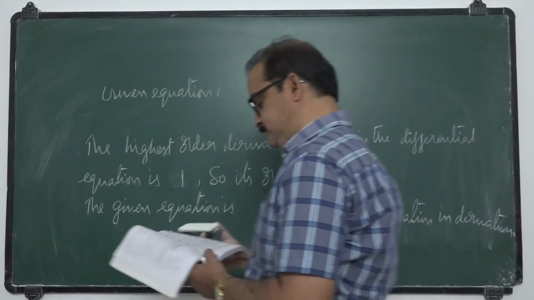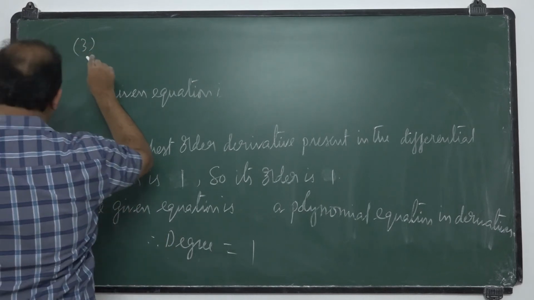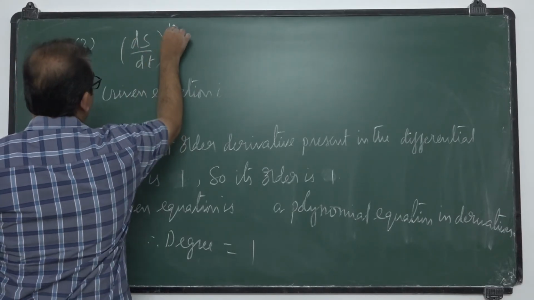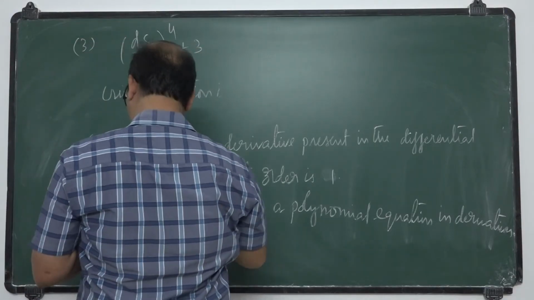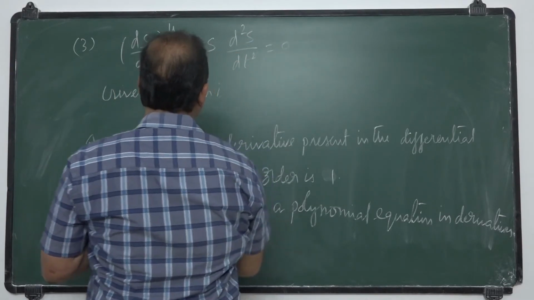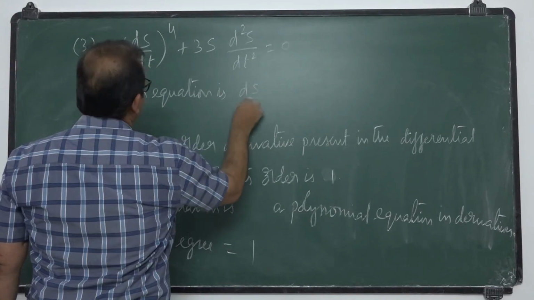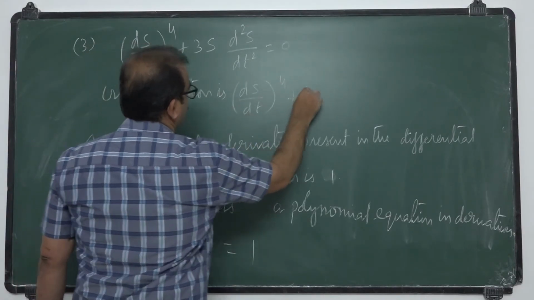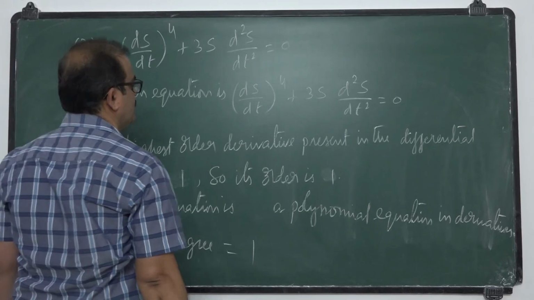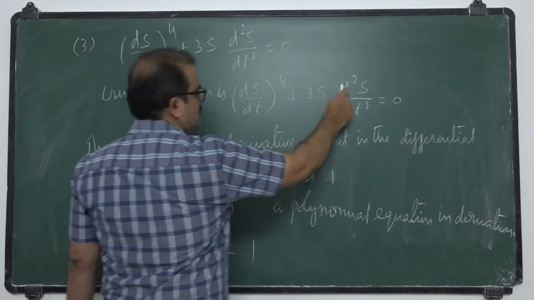Okay, write the next problem. Third, ds by dt whole power 4 plus 3 into s into d square s by dt square is equal to 0. ds by dt means derivative of s with respect to t, the first derivative.